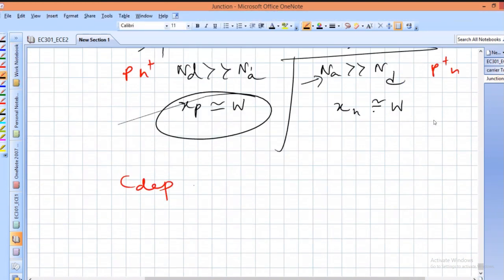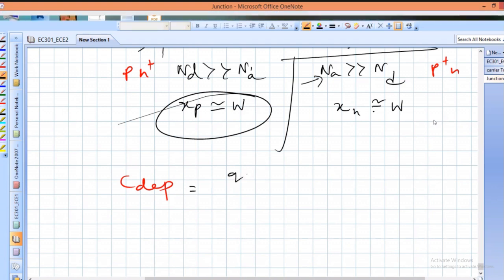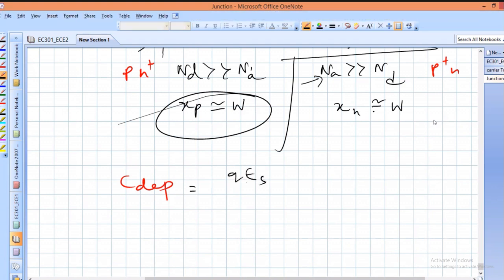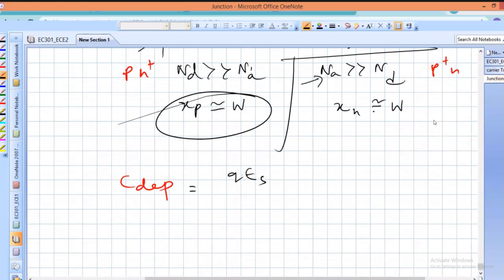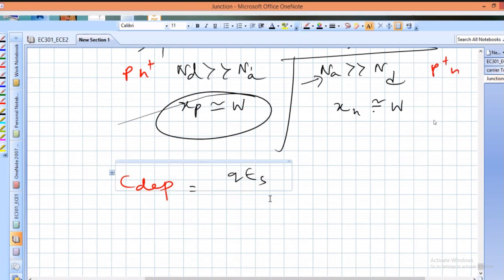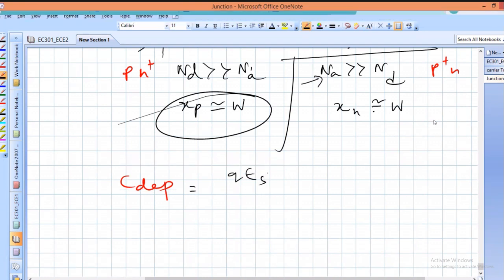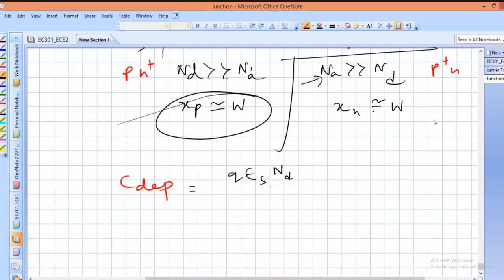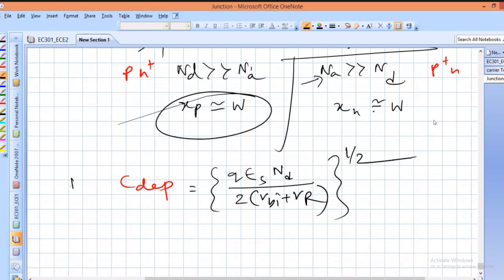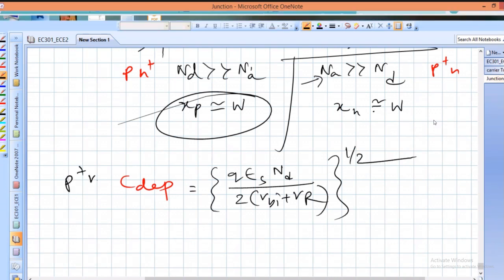I'm writing it here. You need to modify your equation. I'm just showing you because sometimes a numerical problem does not come directly. The equation needs to be modified slightly to get your solutions. C depletion is equal to square root of q epsilon S Nd divided by 2 (Vbi plus Vr). This is for the P plus N junction, students.